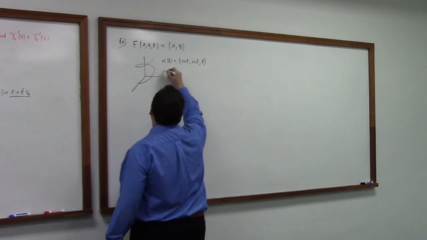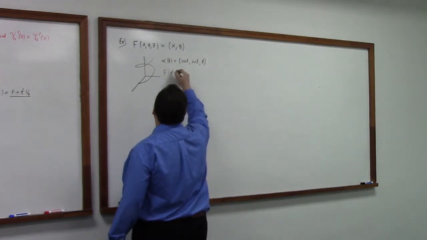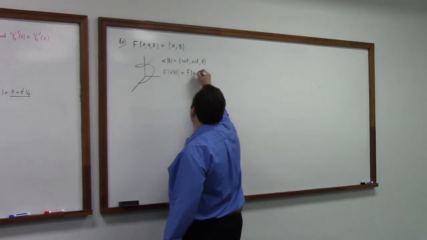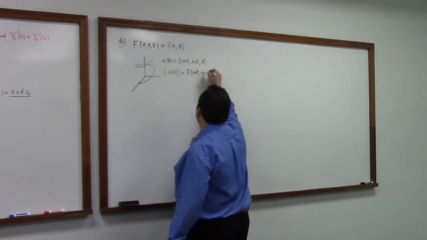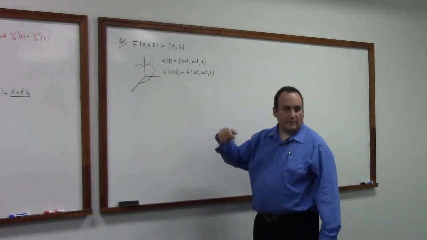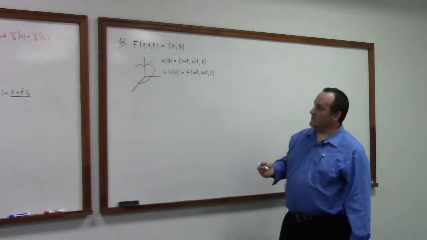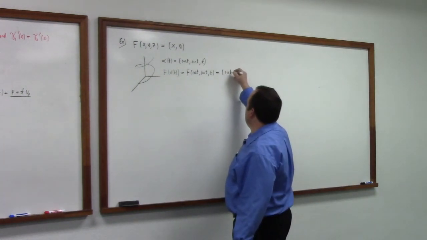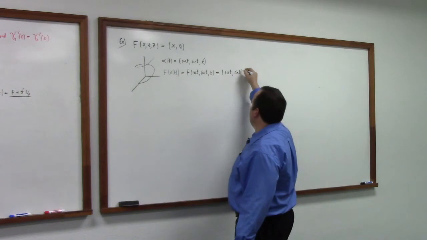Like, what is f of alpha of t here? So we're going to put x equal to cosine, y equal to sine, z equal to t. So what do we got? We just got cosine t, sine t.